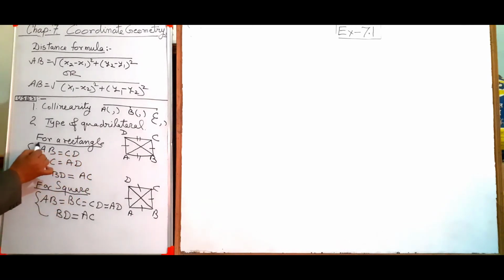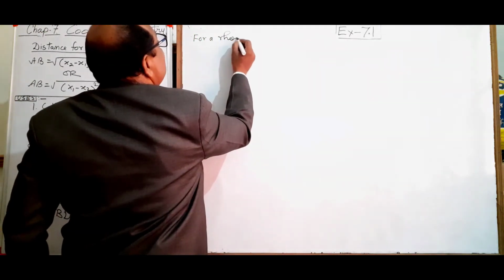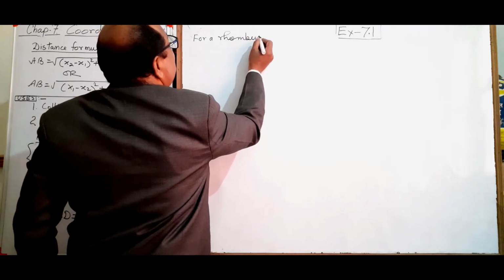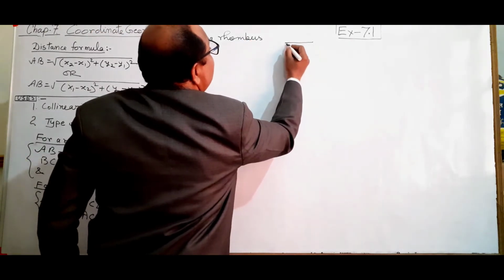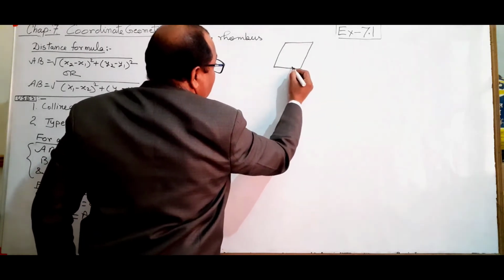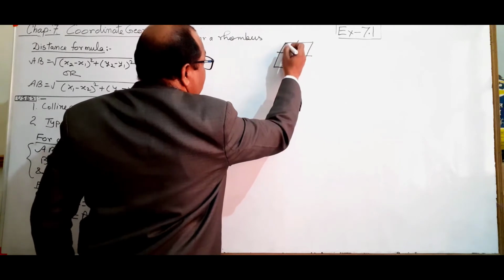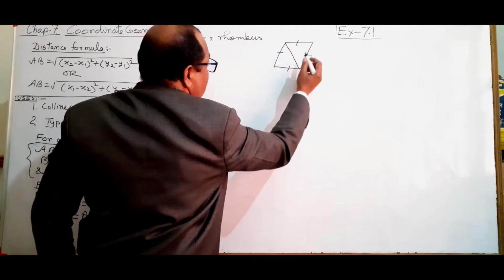Now for a rhombus, you can see the condition of being a rhombus. All sides are equal but their diagonals are not equal.